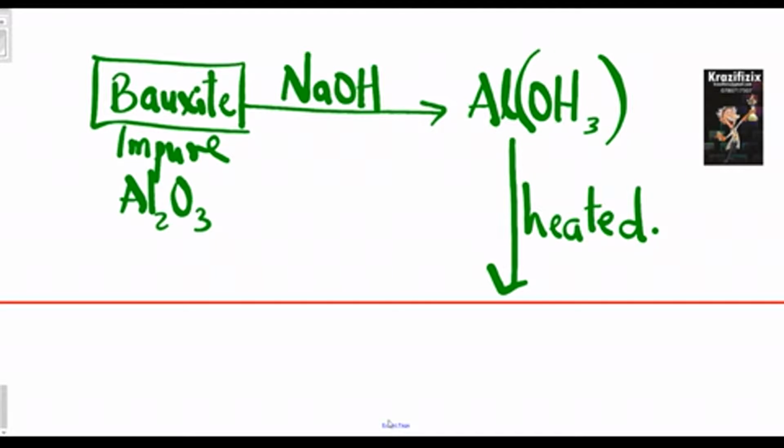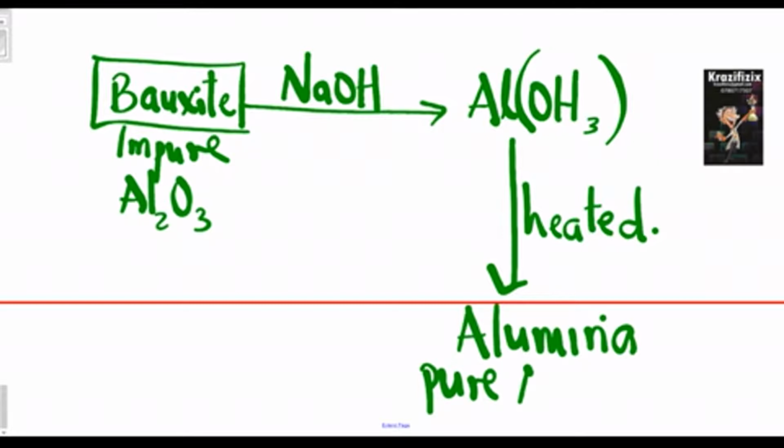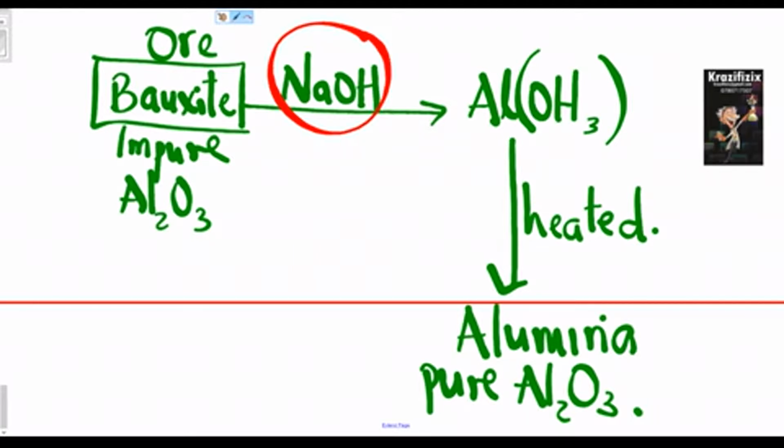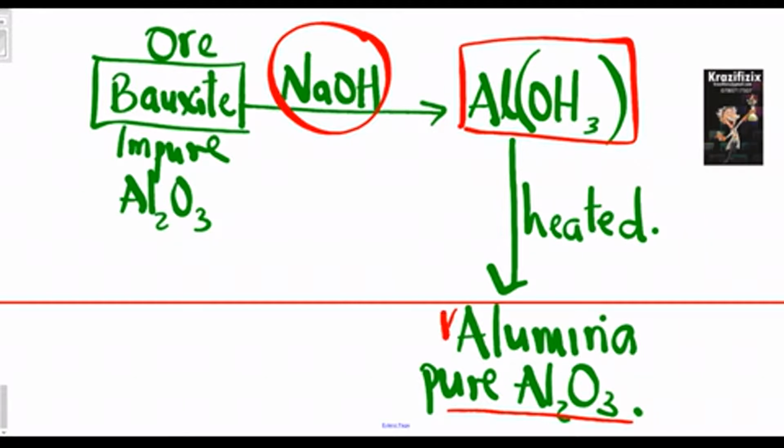When this is heated, we now have alumina, which is your pure Al2O3. This is the summary of the process. So we've got bauxite, the aluminium ore, treated with sodium hydroxide to form aluminium hydroxide. And this aluminium hydroxide is heated, and then you form pure aluminium oxide, which is called alumina.